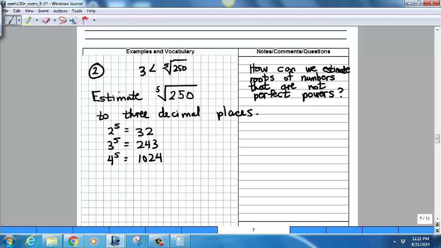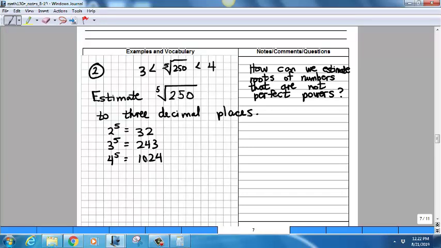It's got to be bigger than 3, because 3 to the fifth power is 243, but definitely less than 4, because 4 to the fifth power is already really big. That's 1,024. So it's some decimal value between 3 and 4.